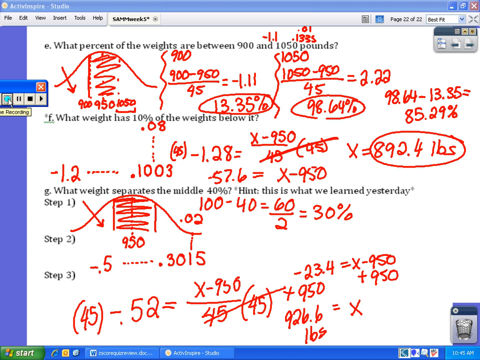When I solved for x, I multiplied by 45 on both sides to get rid of this 45 in the denominator. Then I added 950 to both sides, and I got 926.6 pounds. Now remember, since a bell-shaped curve is symmetrical, this z-score right here would be a positive 0.52, and so we could solve for that weight as well.